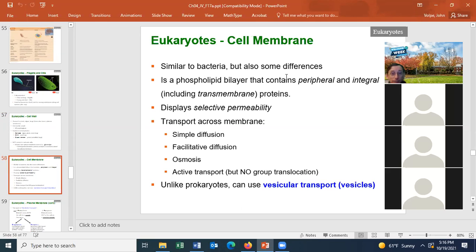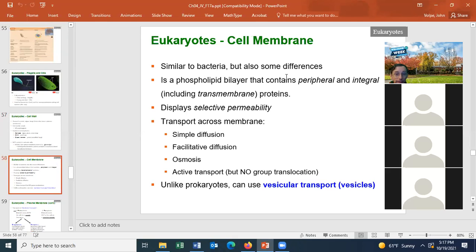It's mainly made up of phospholipid, and we're talking about the cell membrane of bacteria and eukaryotes. It does contain proteins, and there are peripheral proteins and integral proteins, meaning transmembrane proteins. The peripheral protein is a protein which is on one side or the other of the membrane.